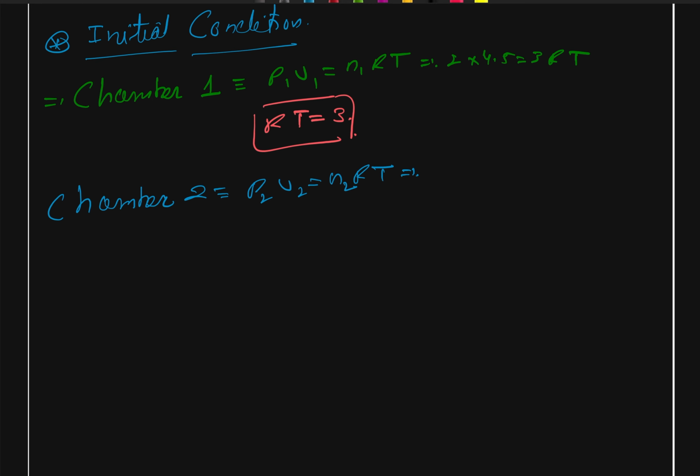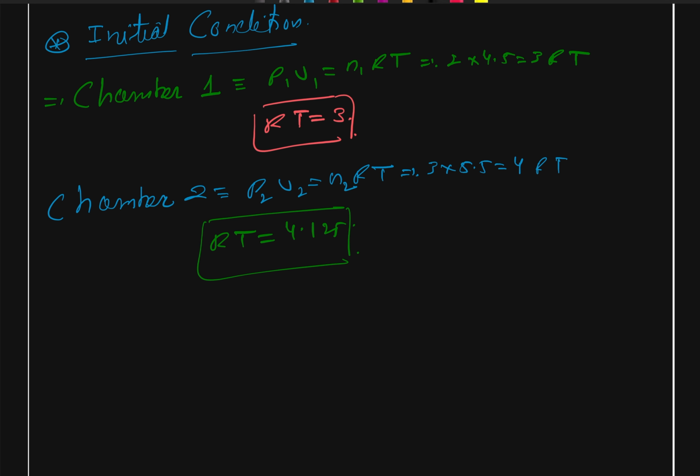We get 3 into 5.5 is equal to 4 times RT, which gives us that RT is equal to 4.125. Okay.